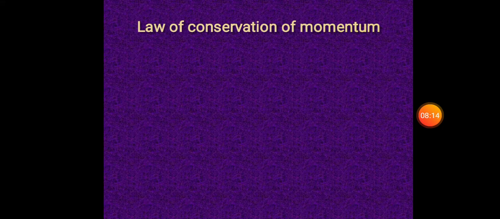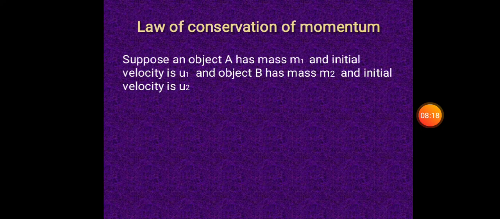We will try to understand this with the law of conservation of momentum. Suppose an object A has mass m1 and its initial velocity is u1, and an object B has mass m2 and its initial velocity is u2.